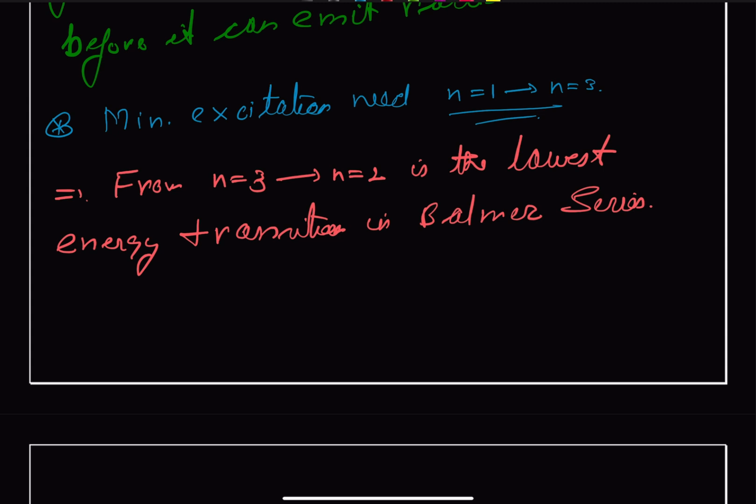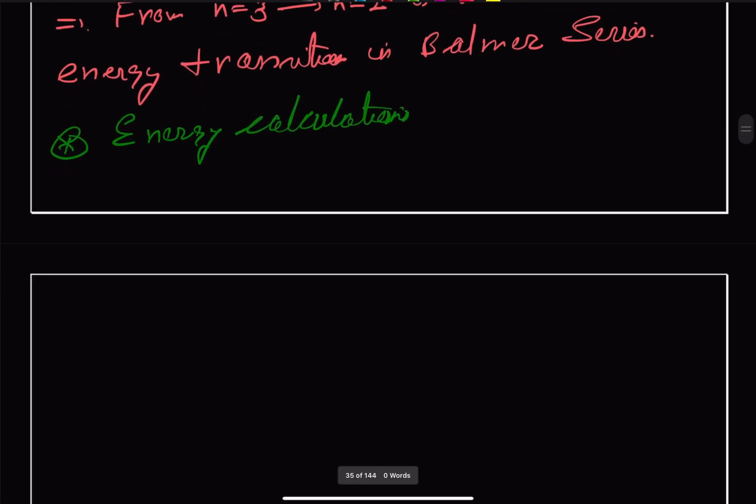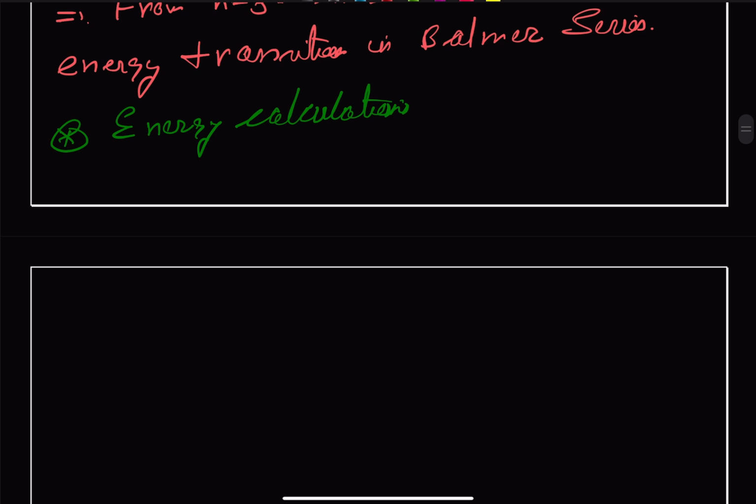So let's calculate the energy first from n equal to 1 to n equal to 3.